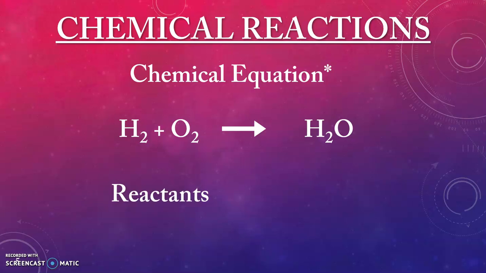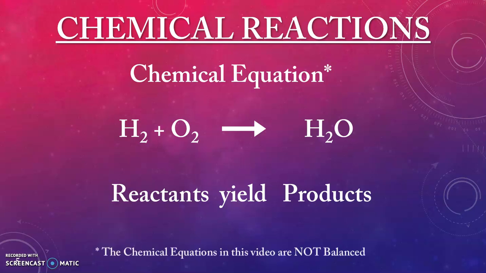The first two things that we have, the hydrogen gas and the oxygen on the left-hand side of the arrow, are called the reactants. The arrow itself stands for yield. And then the right-hand side are called the products. So reactants yield products. Good enough?